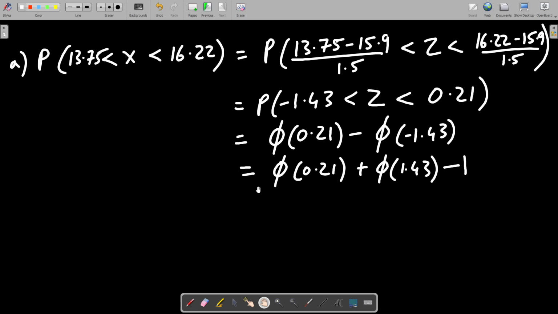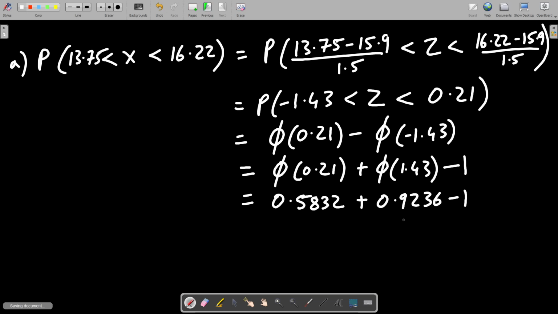So phi of 0.21 from the table is 0.5832, plus phi of 1.43 is 0.9236. This you all can verify at home. Do the calculation at home.